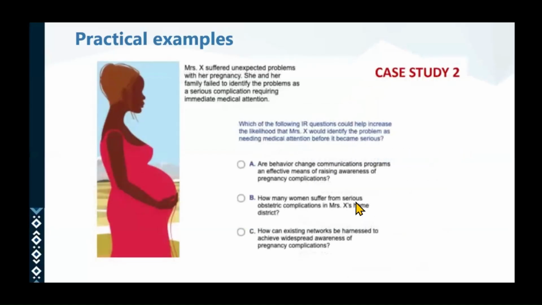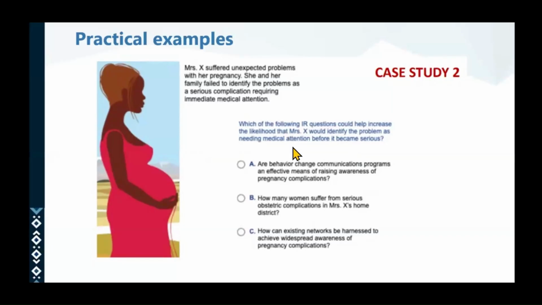And we have a second scenario where Mrs. X suffered unexpected problems with her pregnancy. She and her family failed to identify the problems as a serious complication requiring immediate medical attention. So which of the following questions could help increase the likelihood that Mrs. X would identify the problem as needing medical attention before it became serious?